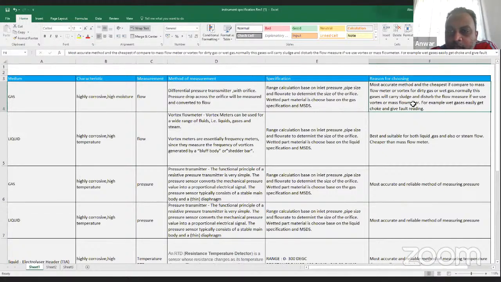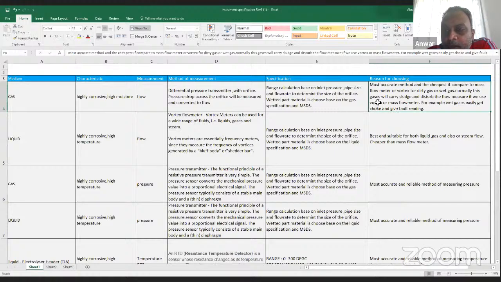The vortex and mass flow meter design is not really suitable for dirty gas. It is more suitable for clean gas, which has less moisture, slightly lower temperature, and less of the other corrosive character.